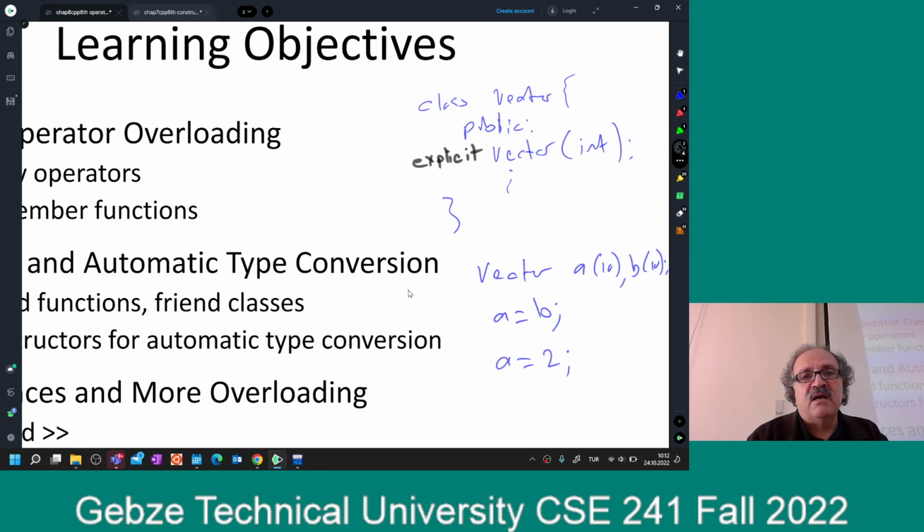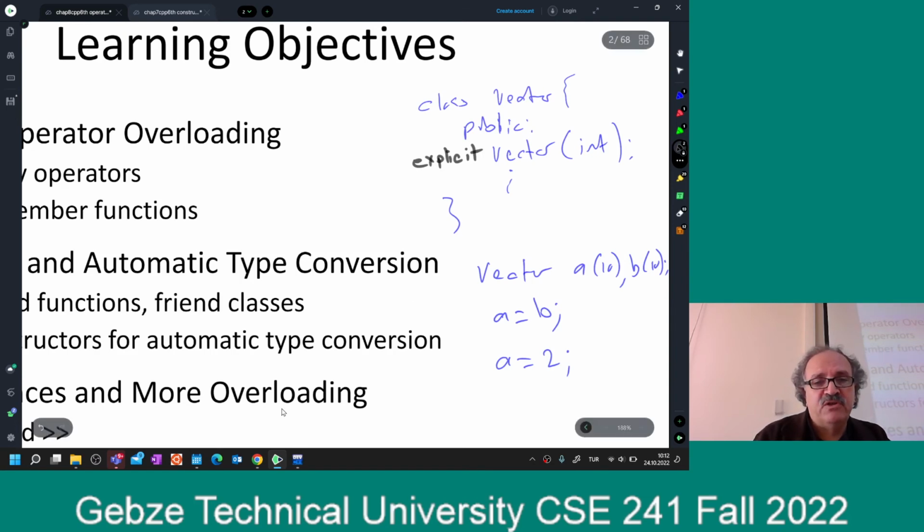I am going to use this explicitly for single parameter constructors. For these kinds of cases, don't call it. You are not going to use it for implicit conversion. It's called explicit, a C++ keyword.